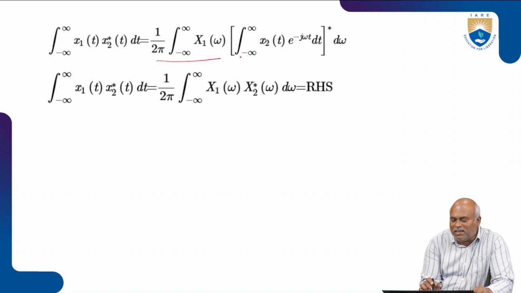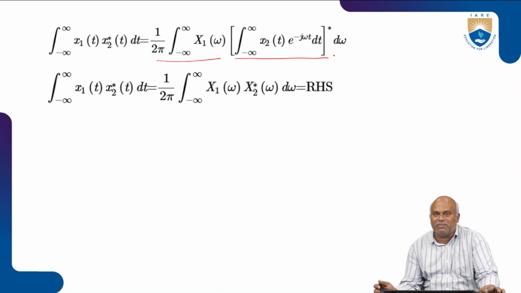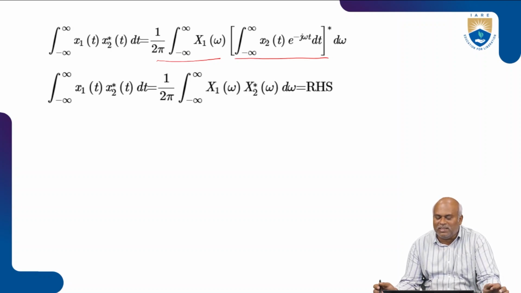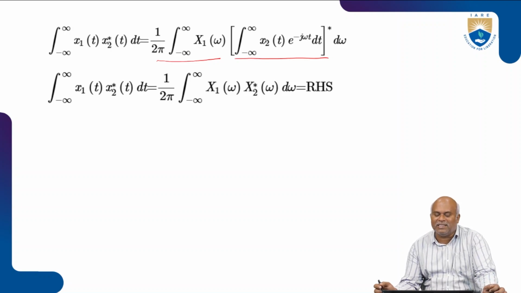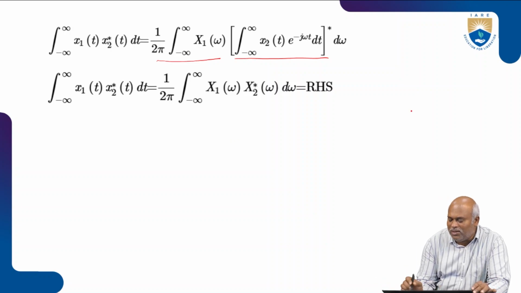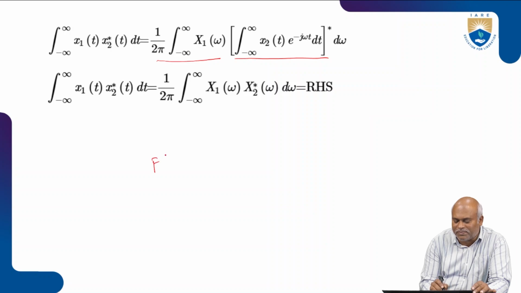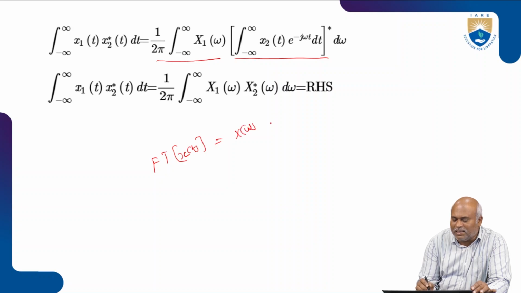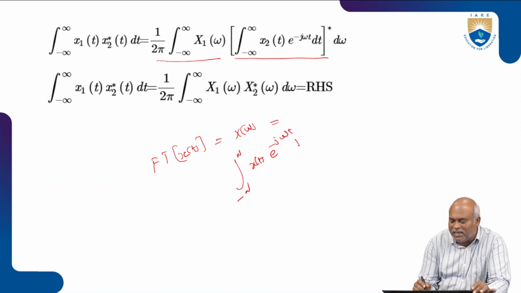Now you can see these terms. This is the integration from minus infinity to plus infinity of x e power j omega t dt. We know the Fourier transform of x of t is X of omega, equal to the integration from minus infinity to plus infinity of x of t e power of minus j omega t dt.